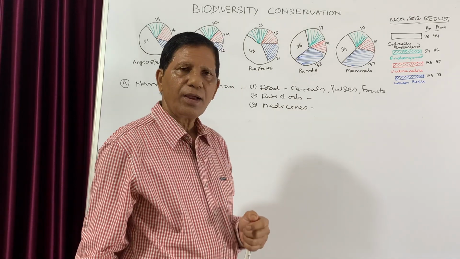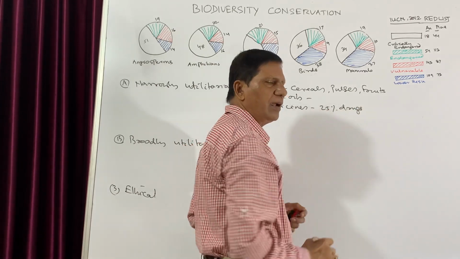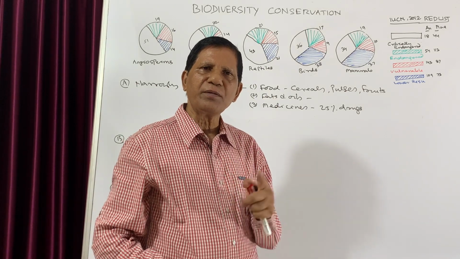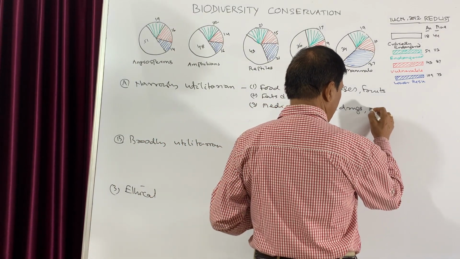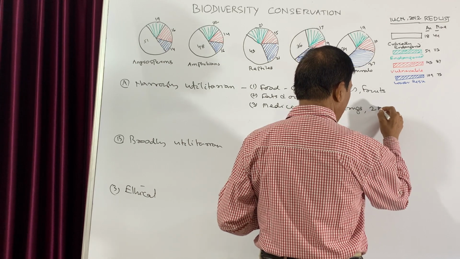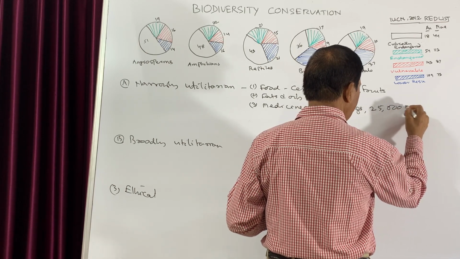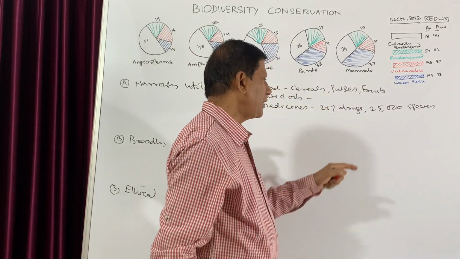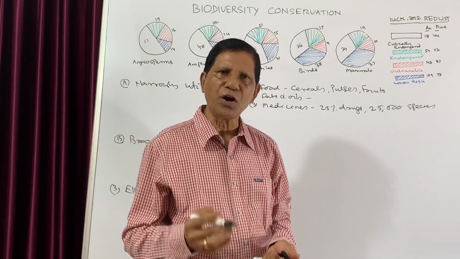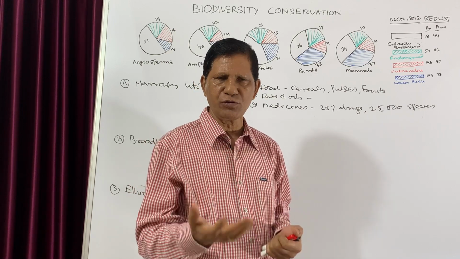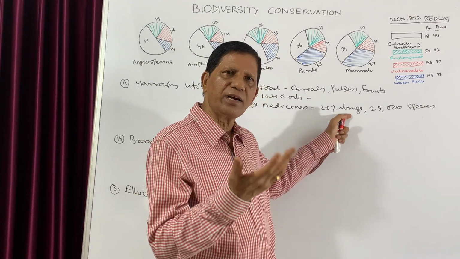Now usually 25% of drugs in the world, they are only coming from the plants or their products, and there are nearly 25,000 species of plants from which we are getting different types of drugs, whether it is Ayurvedic or any type of Ayush medicine that is used worldwide, and 25% of the drugs directly we are getting from the plants and their products.